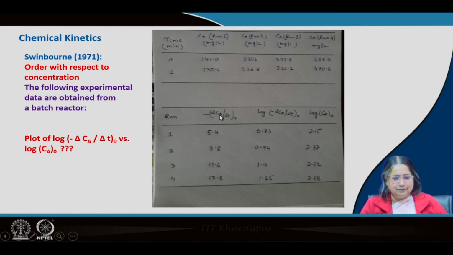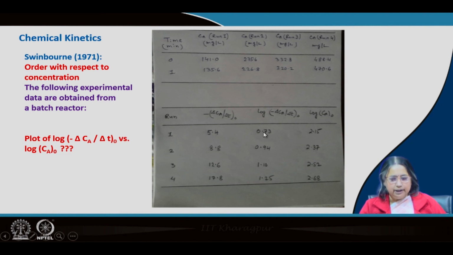So, first run, second run, third run, fourth run, and here are the calculated values, 5.4. This is the difference delta Ca, and delta T is 1 here, so the difference divided by 1 is 5.4 here. In this case it is 8.8, in this case 12.6, and 17.8 here. Then you have to take the log of this value, and then log Ca, the log of the initial concentrations.